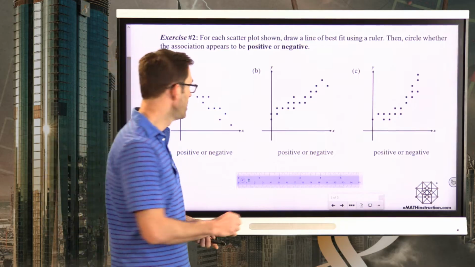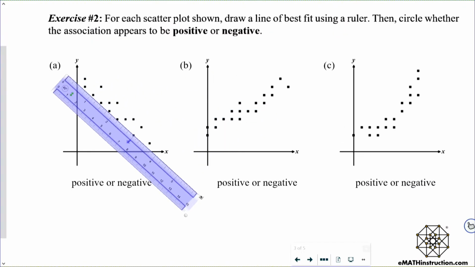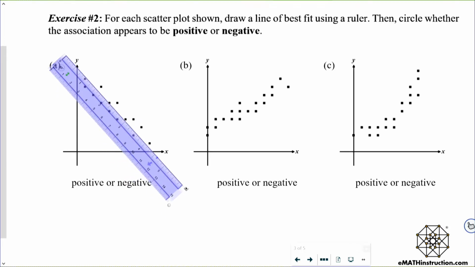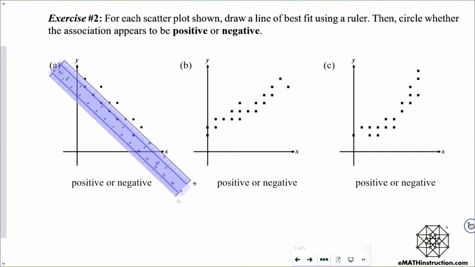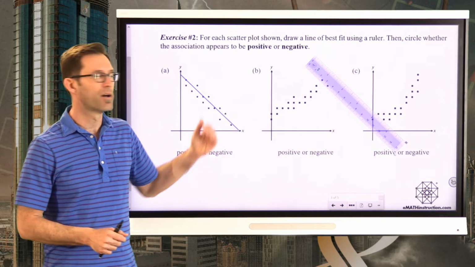All right, let's take a look at letter A. Here we go. All right, I've got to rotate this thing down. That's going to be about the right slope. And maybe rotate it up a little bit. Again, the line of best fit is, especially right now, kind of an art. All right, let me move this thing over here for right now. That's not a terrible line of best fit. Maybe I would have shifted it down just a little bit.